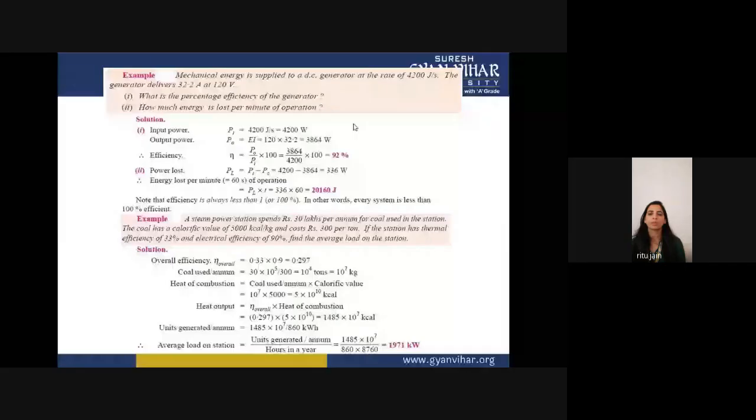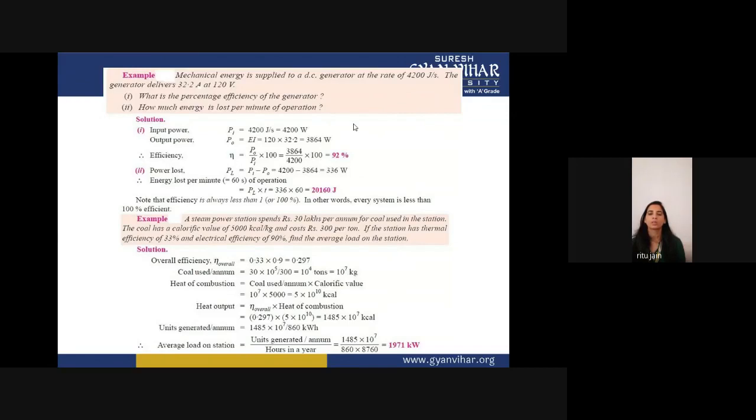So heat of combustion of coal used per annum, using calorific value, is equal to 10 to the power 7 into 5,000, that is 5 into 10 to the power 10 kilocalorie. So heat output you will get is overall efficiency into heat of combustion, so you get 0.297 into 5 into 10 to the power 10, that is 1485 into 10 to the power 7 kilocalorie.